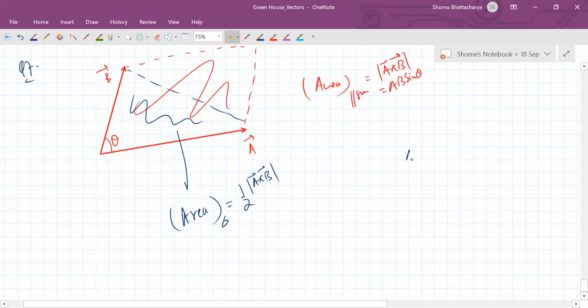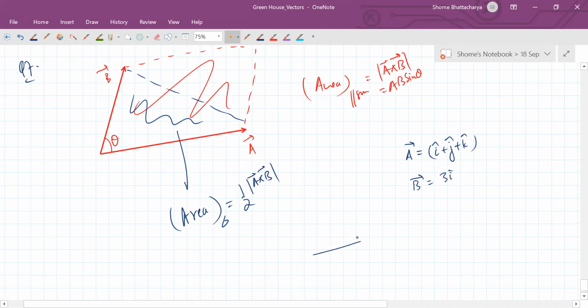So here the vector A is given to us as, in question 7, one of the vectors is i cap plus j cap plus k cap. Okay. And the other vector B is 3 i cap.